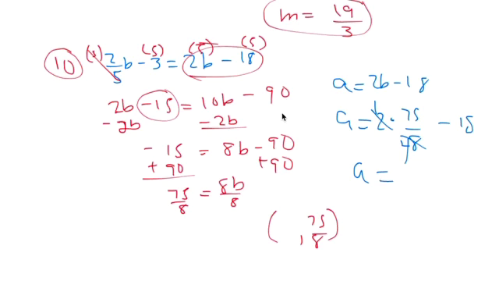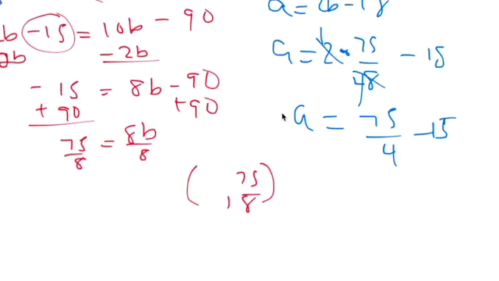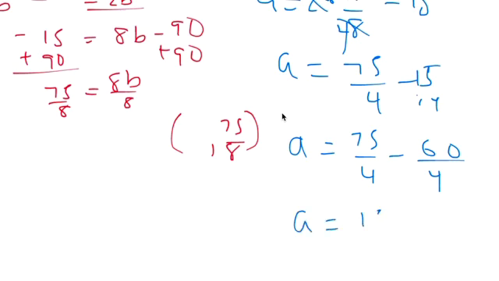Okay, that is 75 over 4 minus 15. Can't even read my own writing, guys. Common denominator is 4, so 75 over 4 minus 15 times 4 is 60 over 4. So A equals 15 over 4.